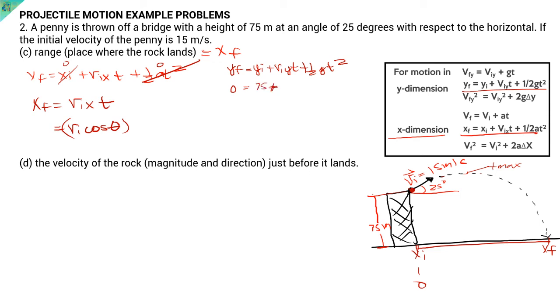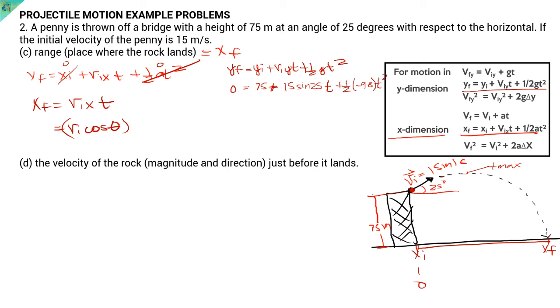Plus vi, our initial velocity on the y-axis. So that's 15 sine 25, multiplied by time. And we don't have the time yet that it took for everything to happen. Plus 1/2, g is negative 9.8, times t squared.